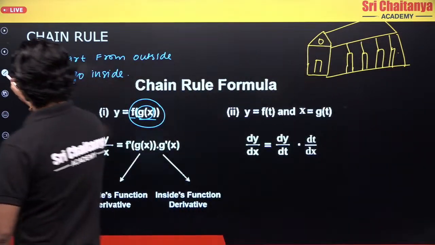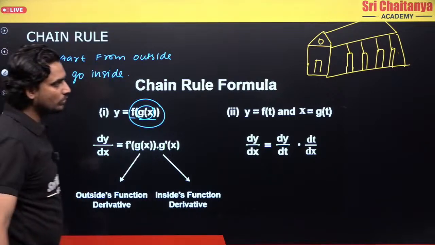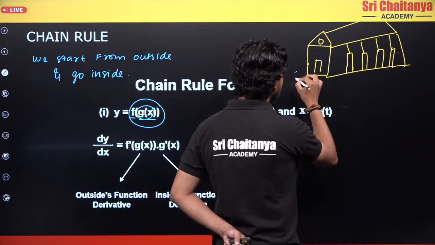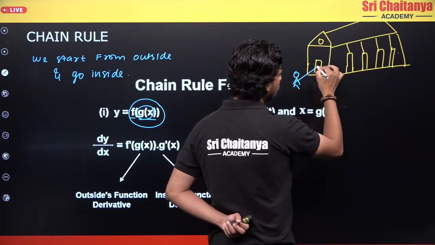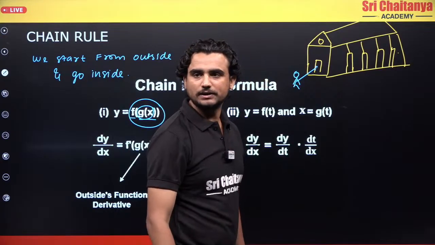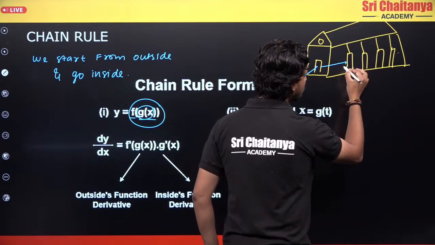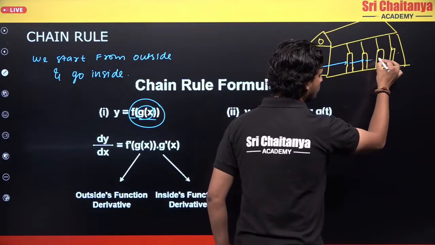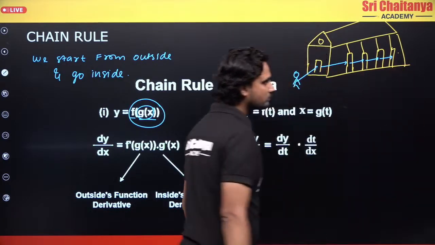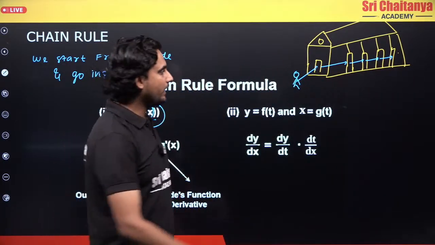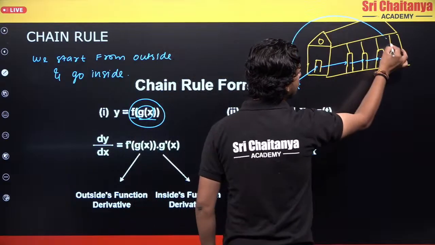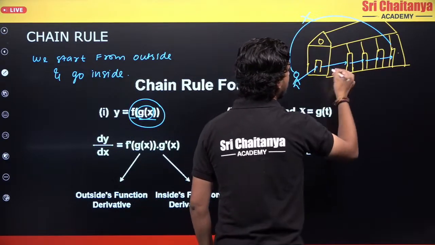How will I come inside? This person will enter this door, and then from this door go to the next door, then from here to here. Can I jump directly from this door to that door? No, right?